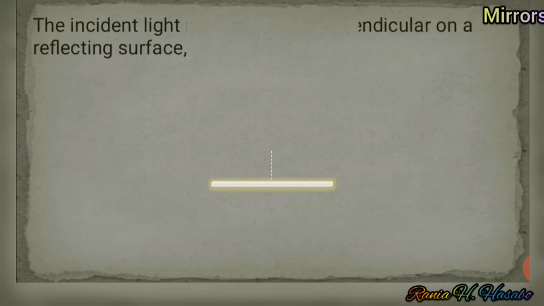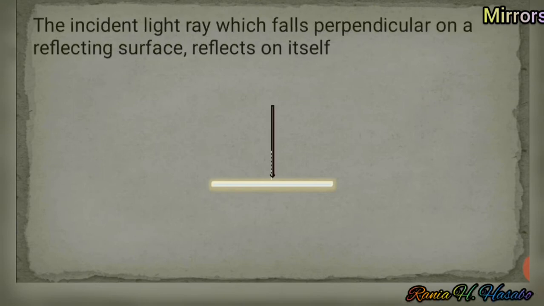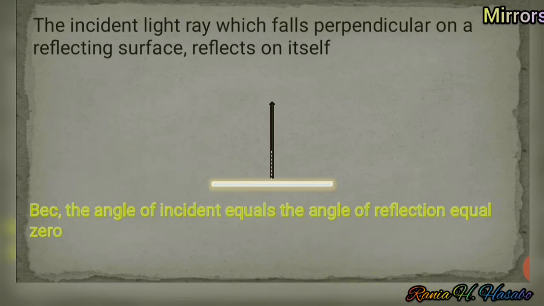According to the first law, if the incident light ray falls perpendicular on the reflecting surface, by angle 0, it reflects on itself, because the angle of incidence equals the angle of reflection, equal 0. The angle of incidence and the angle of reflection are always equal.